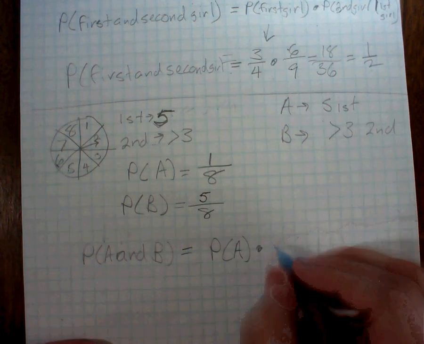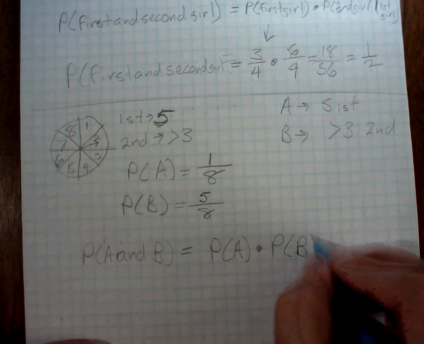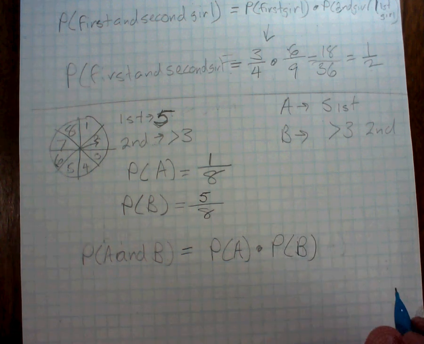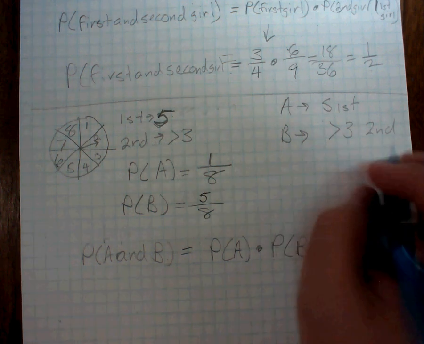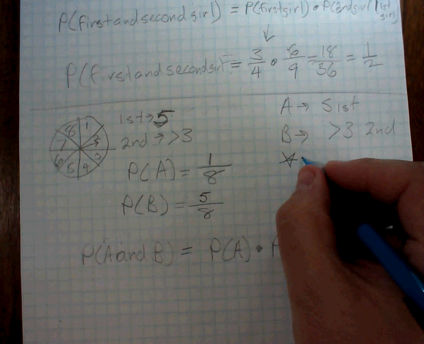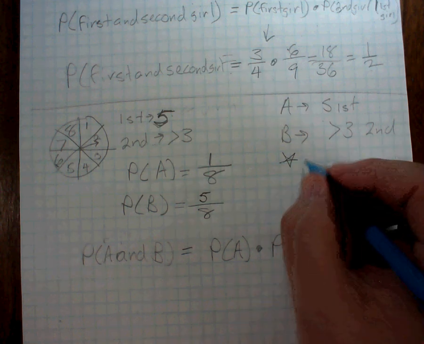My formula needs to change to the probability of A times the probability of B. If you're confused, what we're talking about is withdrawal versus replacement.